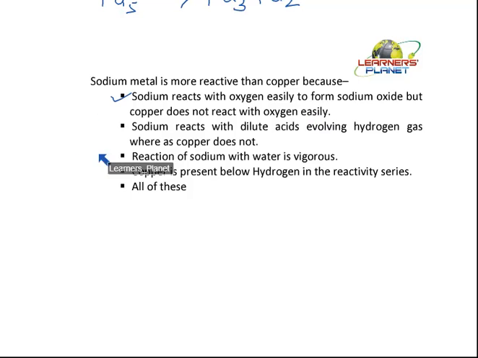Now our next one is sodium reacts with dilute acids evolving hydrogen gas, whereas copper does not. Is it correct? This is also correct. Then the reaction of sodium with water is vigorous. Then copper is present below hydrogen in the reactivity series. This is also correct. So what will be your right answer? Your right answer would be all of these.